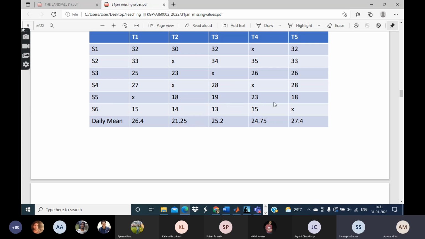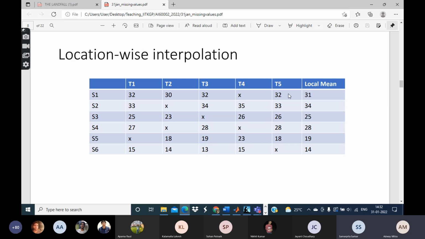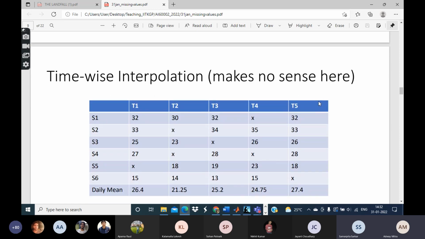In this case, between the spatial mean and the temporal mean, which one will you prefer? Obviously you will prefer the spatial mean. Why? Because there is a significant amount of spatial variability here, but the temporal variability is much less.